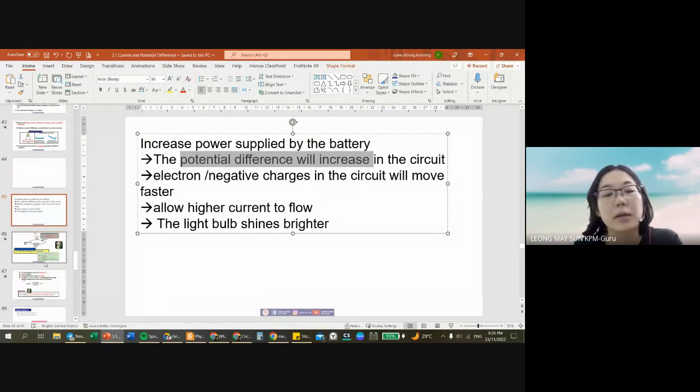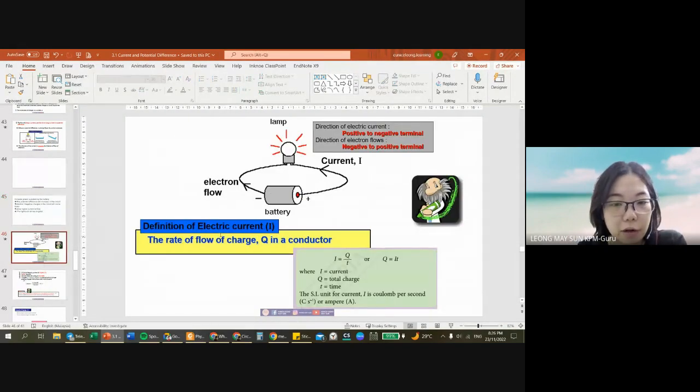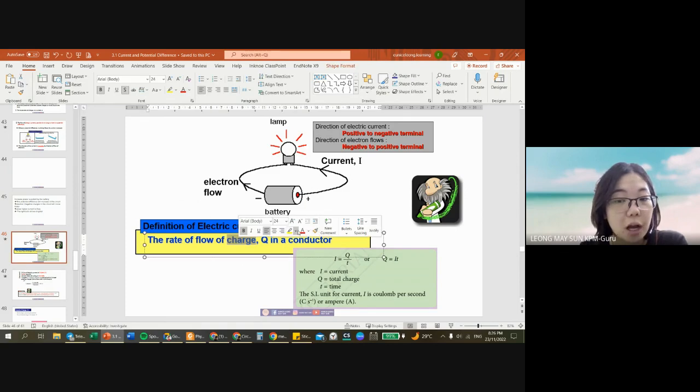So the definition of electric current from your textbook is the rate of flow of charge Q in the conductor. But then again, you would notice one thing. The definition of electric current is the rate of charge flow. Did they say rate of negative charge or electron? No, isn't it?